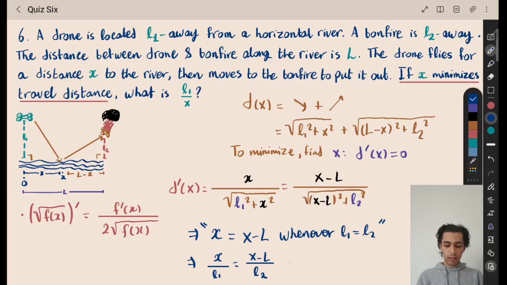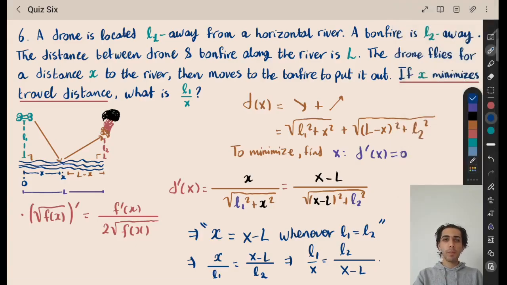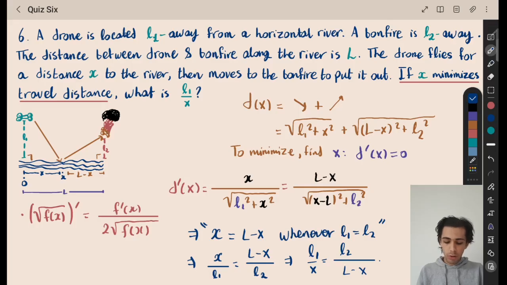And then in that case, we get that L1 divided by x is equal to L2 divided by x minus L. Yeah, just a small typo. It's L minus x, it's not x minus L.